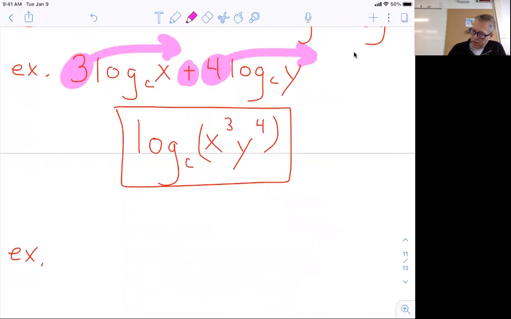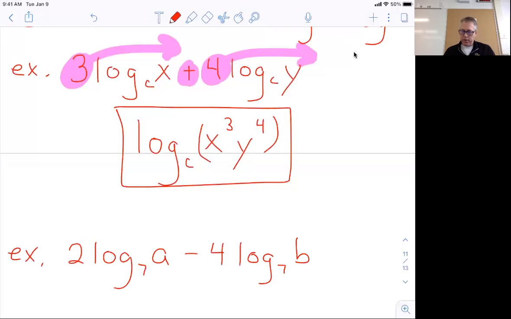All right, let me give you another example. 2 log base 7 of A minus 4 log base 7 of B. So we have 2 log base 7 of A minus 4 log base 7 of B. The 2 is going to become an exponent there.